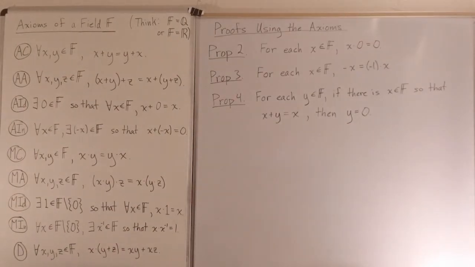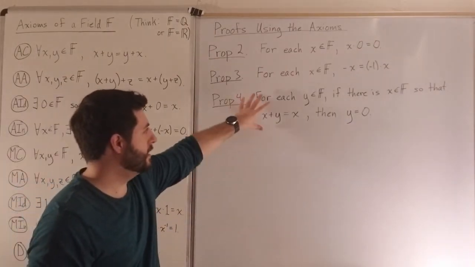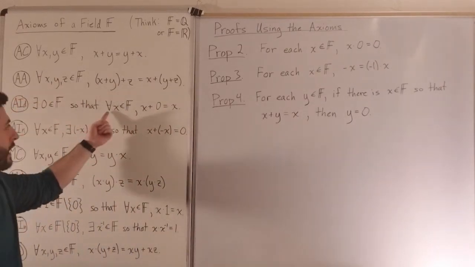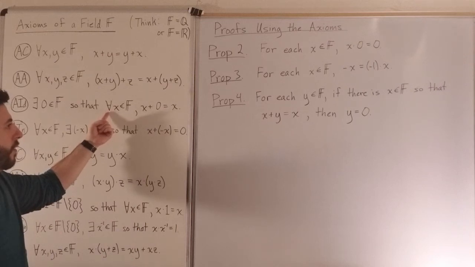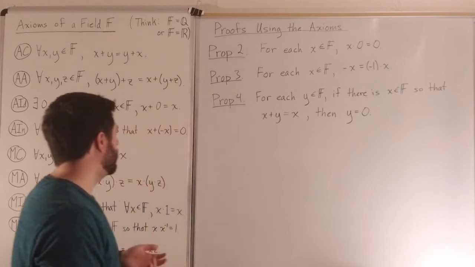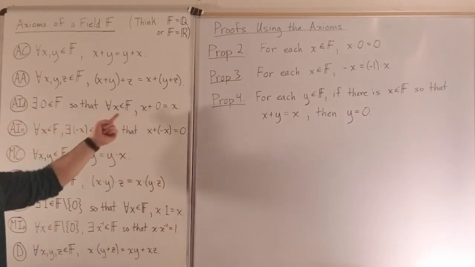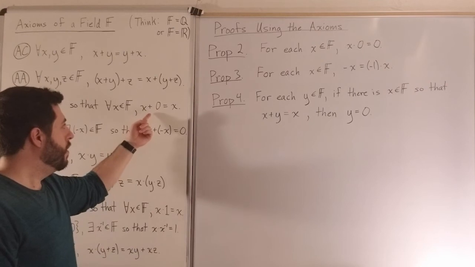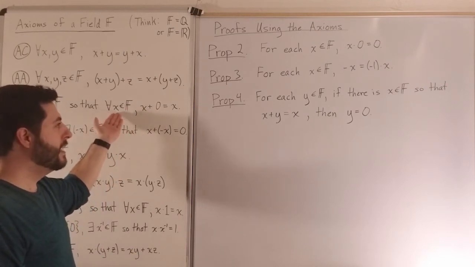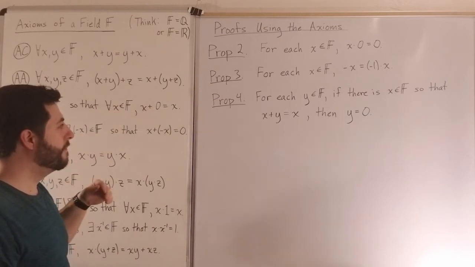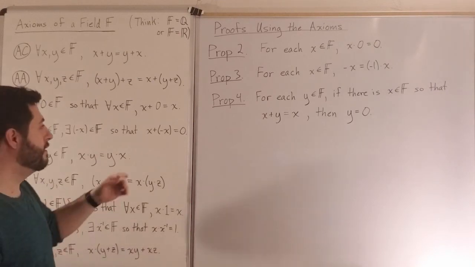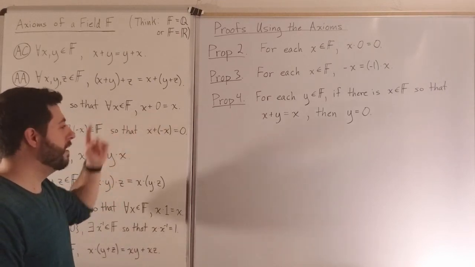Okay? So I just want to point out the difference between this and this, and it has to do with the quantifier here. So we know that there's some y so that for every x this equation happens. That's exactly what this statement says. The fact that it works for all x here, and also we know that 0 is unique, so there's only one 0 in the field where this equation works for all x.